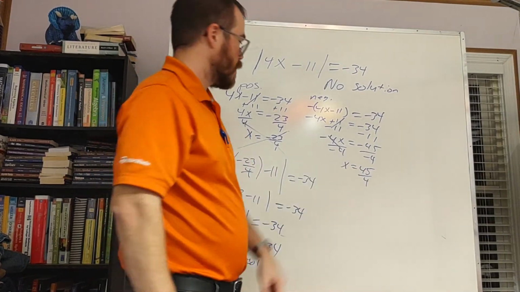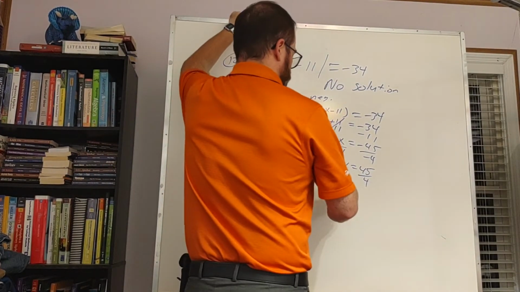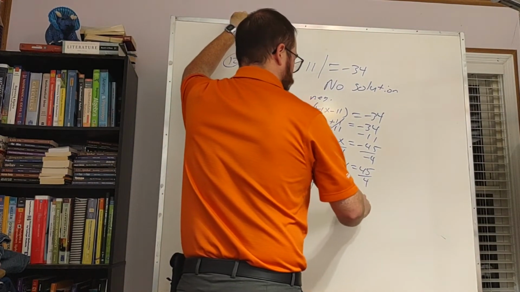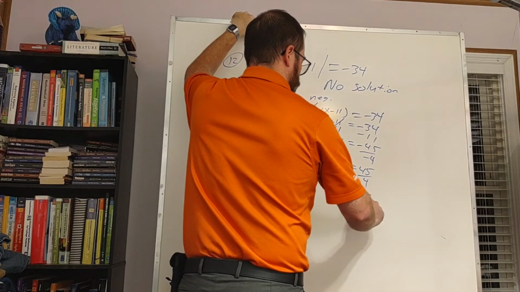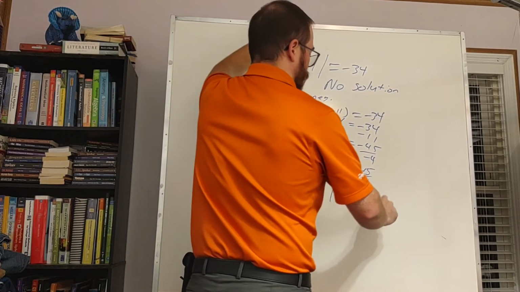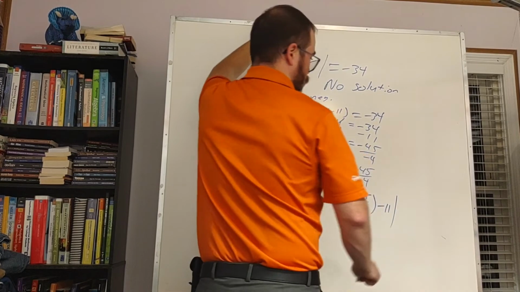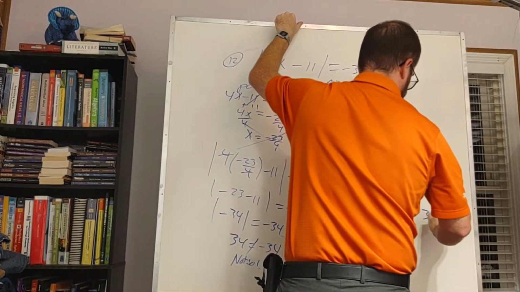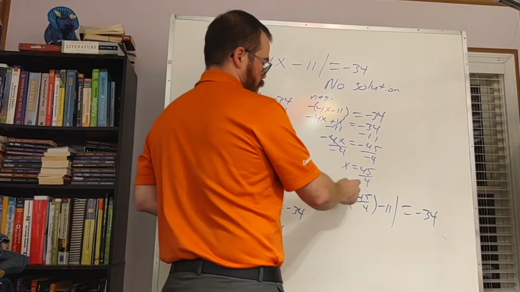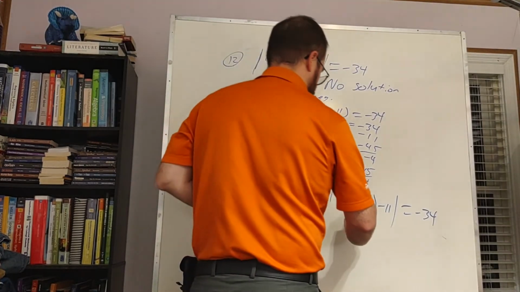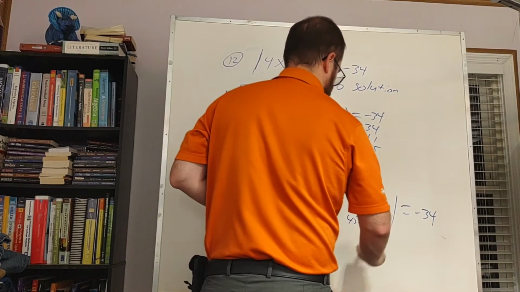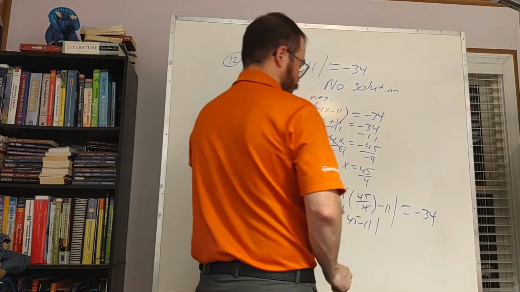Let's try this one. So we're going to plug it back in here just like we did the other one. So absolute value of 4 times 45 over 4 minus 11, absolute value, and it should equal negative 34. Well, 4 will cancel out both there, so 45 minus 11, so that's going to be 34.